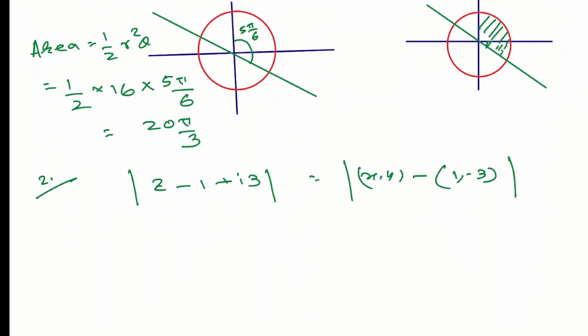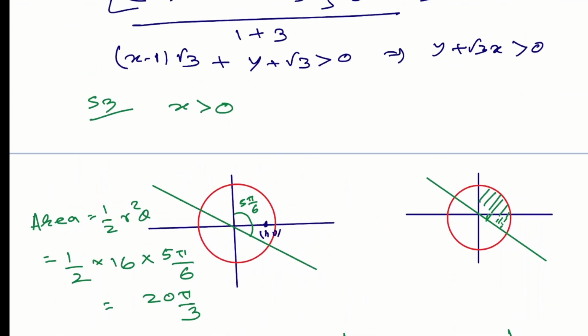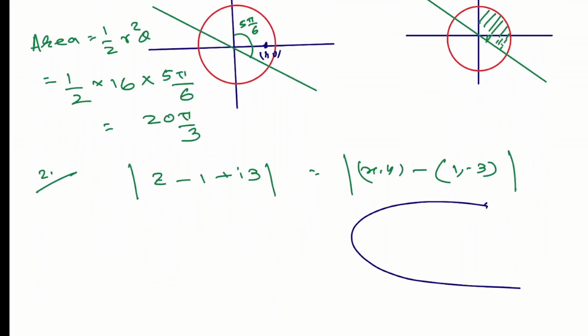Suppose I am just doing it on the graph here. Suppose any point is (1, 0) here. If we put (1, 0) in the expression of the line, y plus root 3 x, with x as 1 and y as 0, we get root 3, positive.